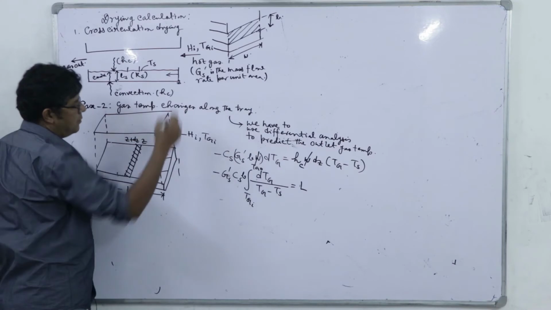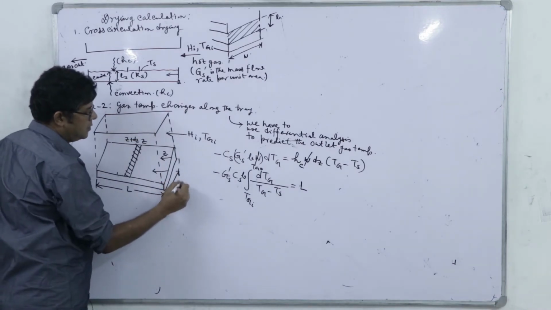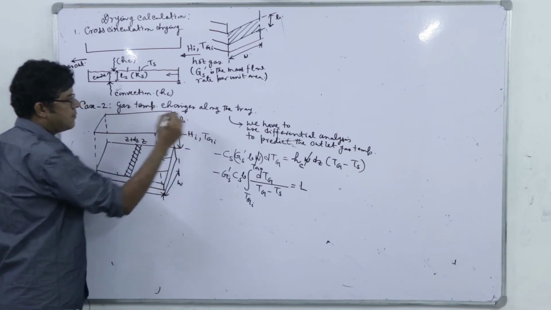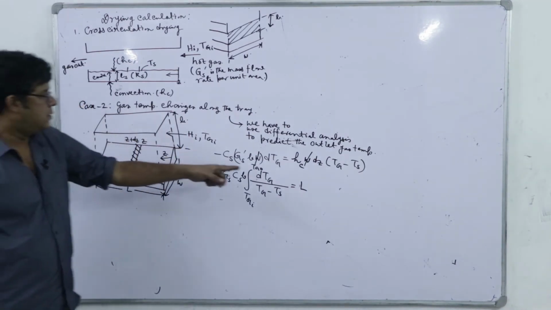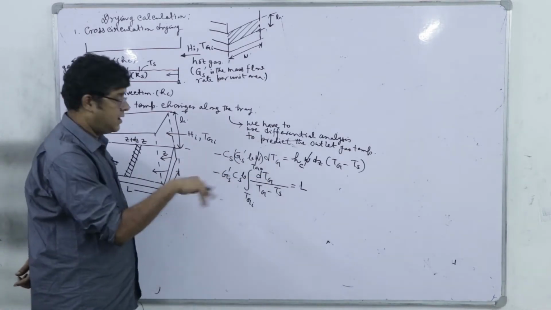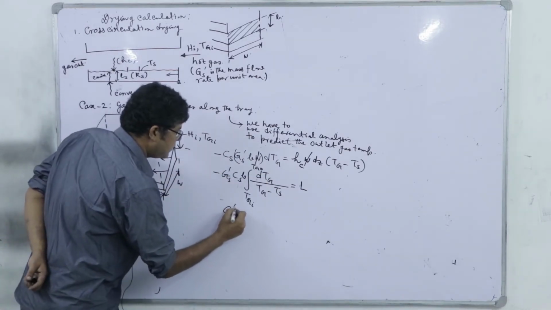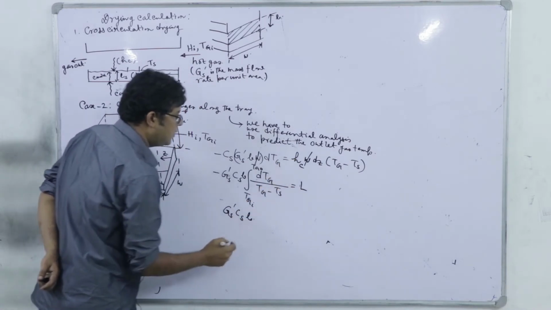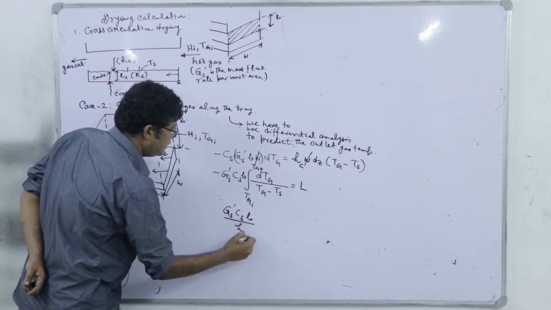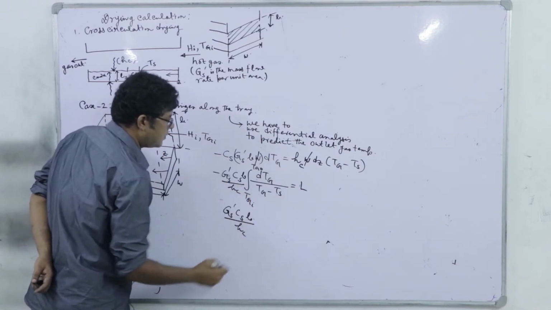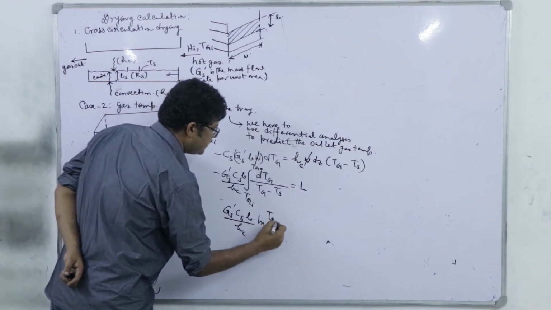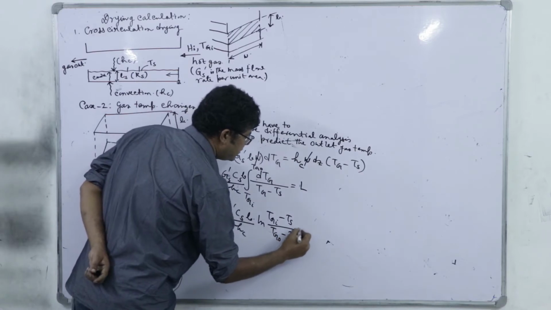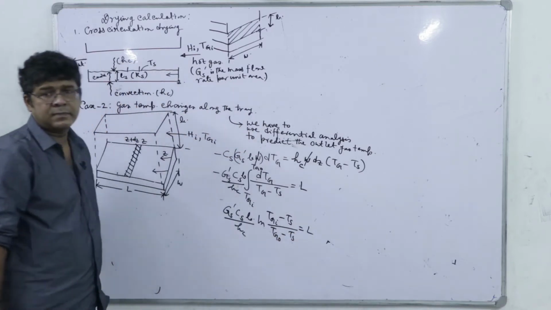And from here we know it's W and this gap is B. So if we integrate including the negative sign, there will be Gs, Cs into B, and Hc of course, into ln of Tgi minus Ts divided by TGO minus Ts. Okay?